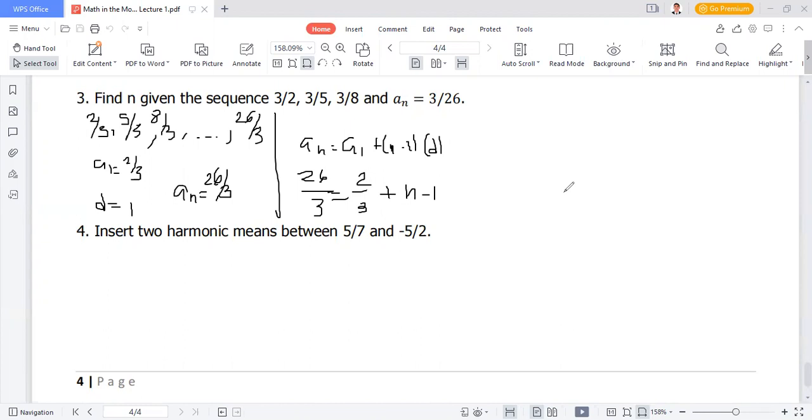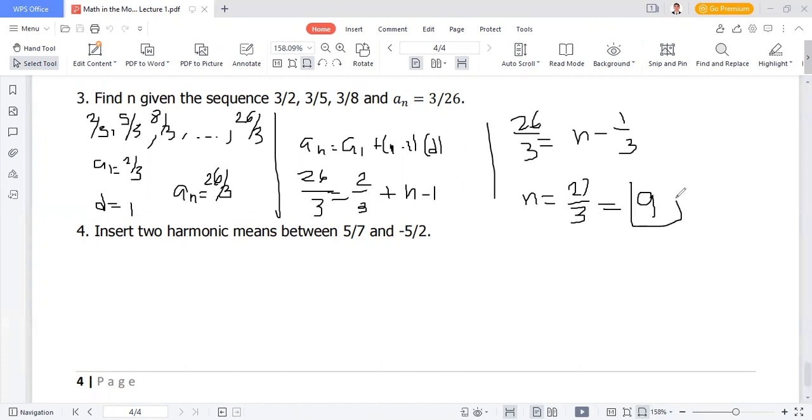Okay? So, magiging 26/3 equals n minus 1/3, no? 2/3 minus 1 is negative 1/3. Lipat natin sa left side, magiging n equals 27/3 or simply 9. Okay?